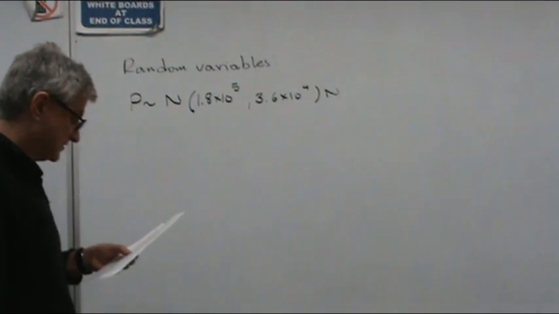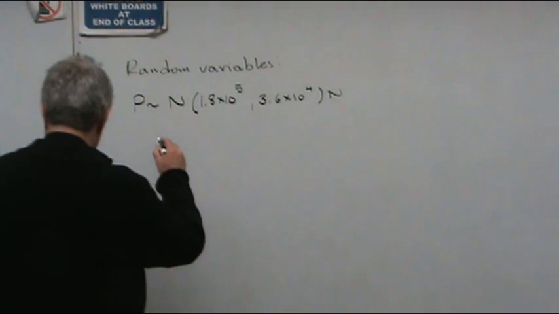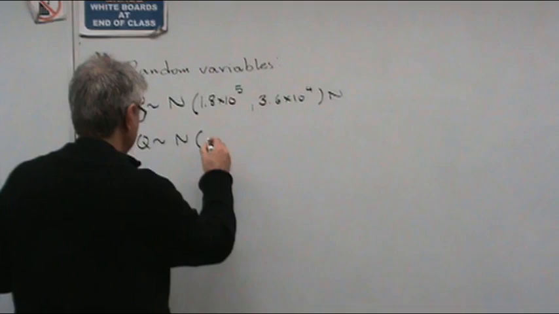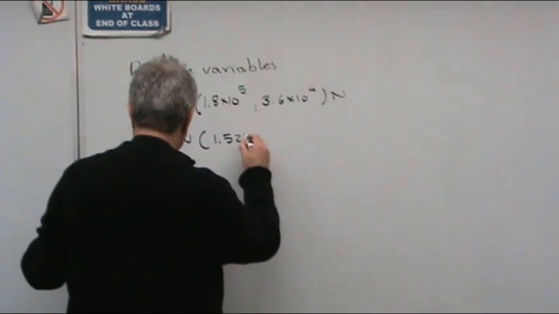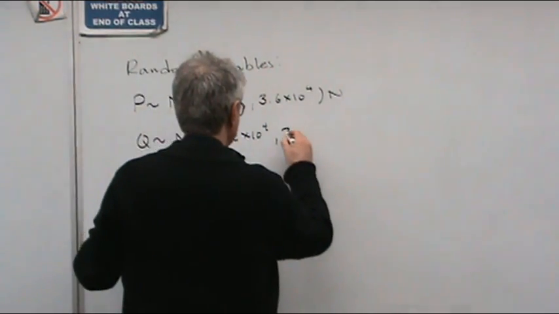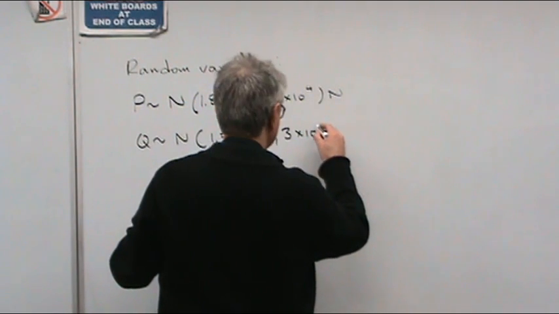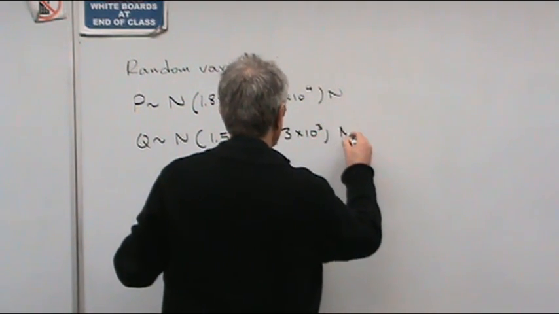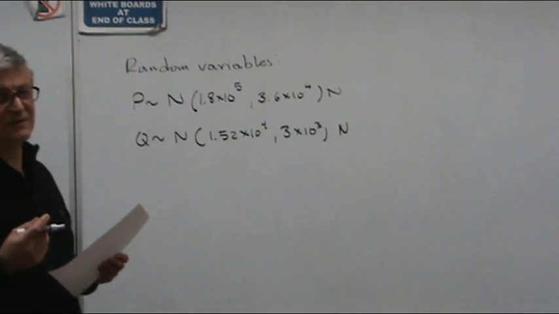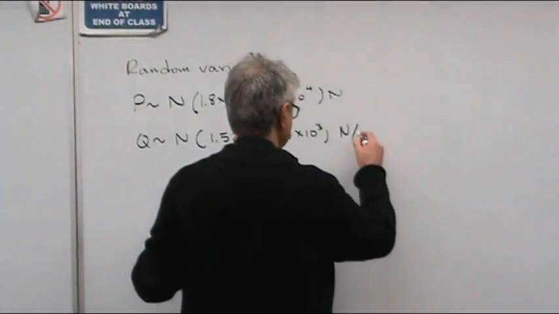That's the axial force. There is also this distributed force, which is normal with mean value 1.52 by 10 to the fourth power. The standard deviation is 3,000. And what are the units for a distributed load? Well, it's load per length, so it is newtons per meter.